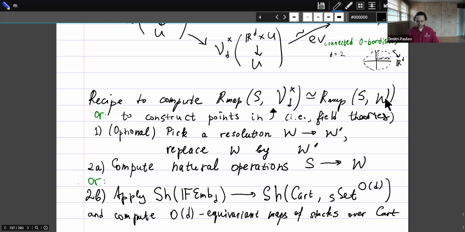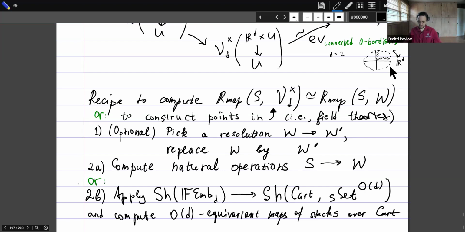So now the next step will be to compute this derived map in simplicial sets. Notice being derived means in principle you may have to choose resolutions. And here I did mention this explicitly. You can pick a resolution from W to W prime, replace W by W prime, and compute derived maps to W prime instead.